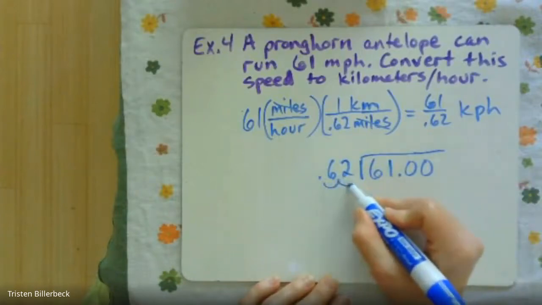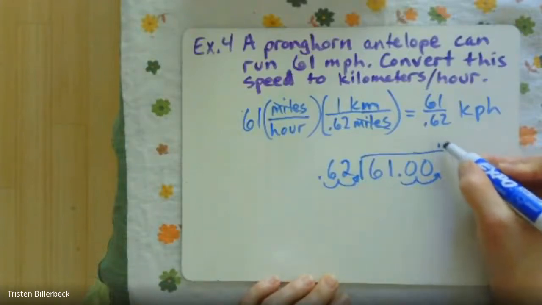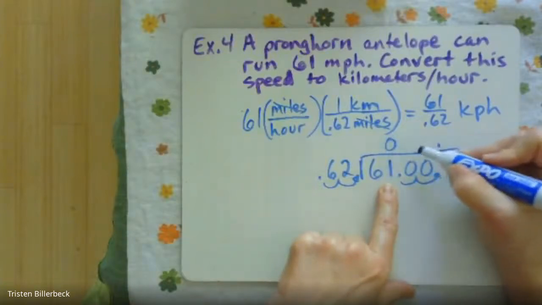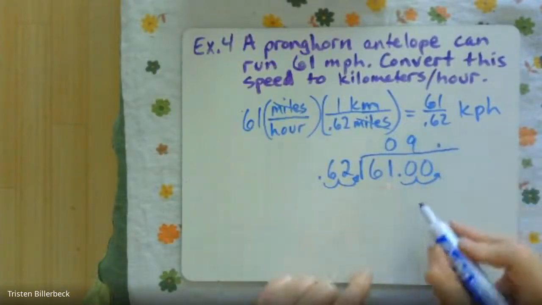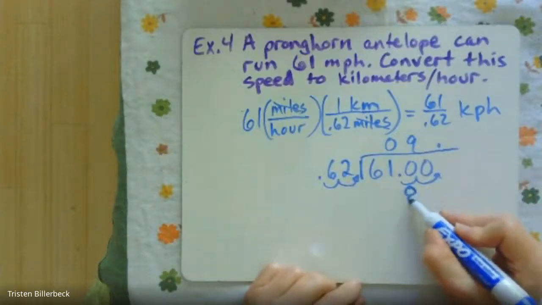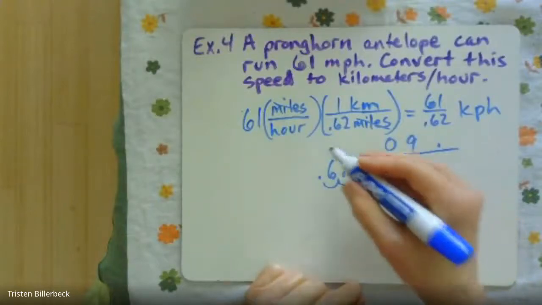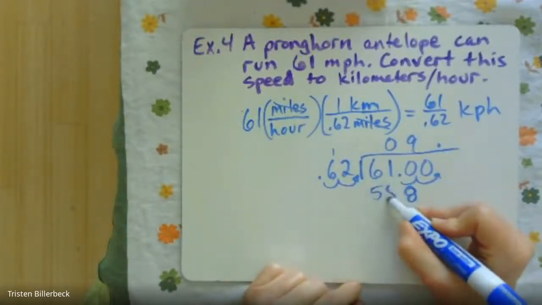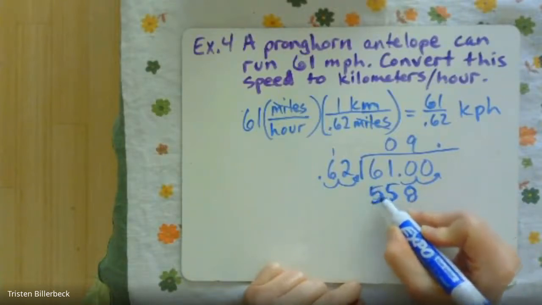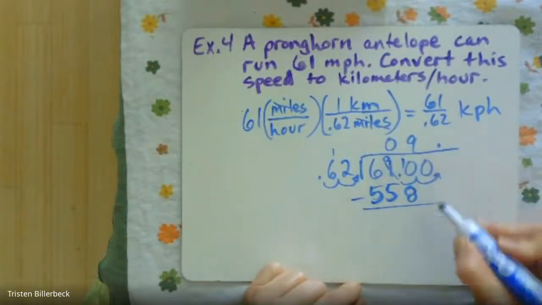And we move the decimal over 2 spots to right here. So there's no 62s in 61, and there's probably about 9 of them here because we just missed. So 9 times 2 is 18, carry 1. 9 times 6 is 54, plus 1 is 55. Okay, so let's subtract, grab 1 from here.